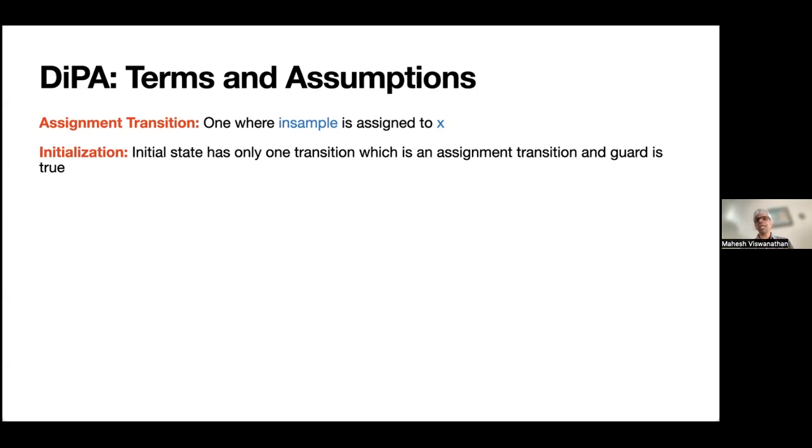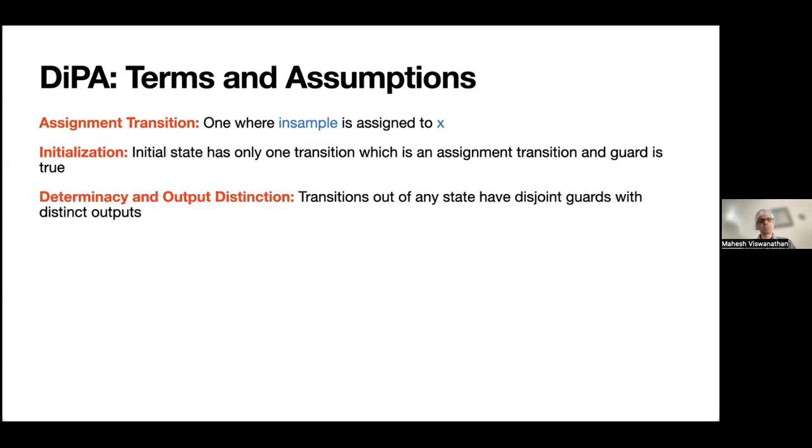So without loss of generality, I'm going to assume that from the initial state, there is only one transition. The transition is taken no matter what, its guard is always enabled. And it's a transition that stores a value in the variable X, so that after that transition, variable X is always defined in my execution.